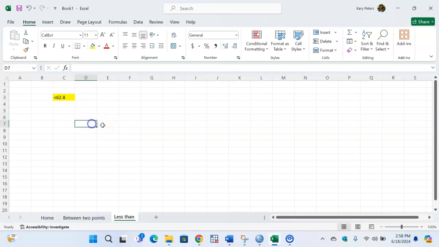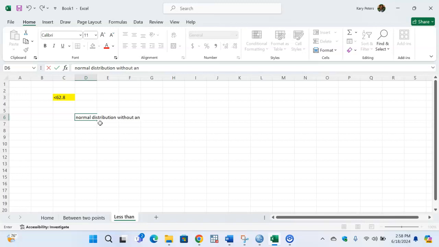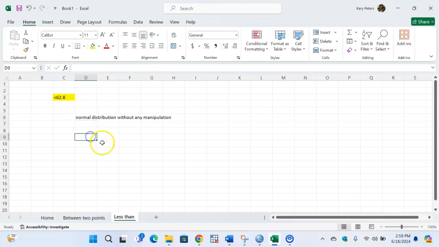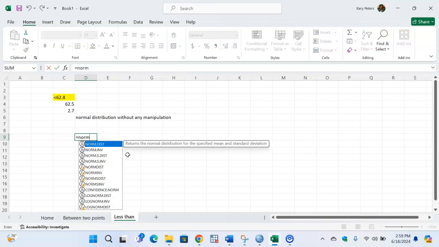So this is what you do. In less than, the key point is you just take normal distribution without any manipulation. If they ask you less than 62.8, as long as you know the mean 62.5 and the deviation is 2.7, then the probability that the one woman picked has a height less than 62.8 is found by normal distribution.